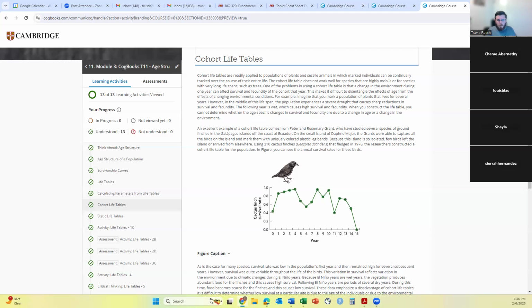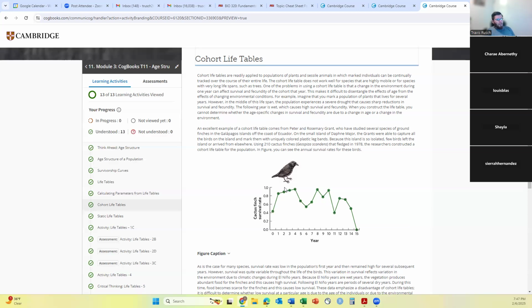Cohort tables do not work well for species that are highly mobile, so stationary populations, like plants, or non-highly mobile populations. Yeah, I agree with that.